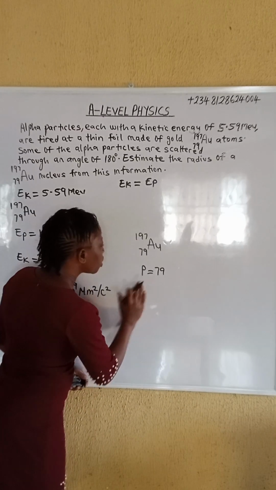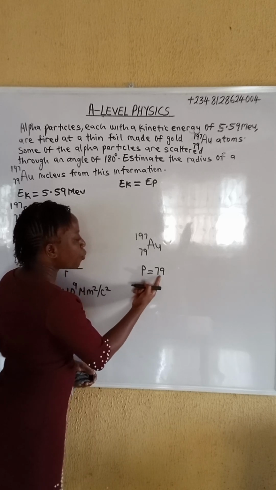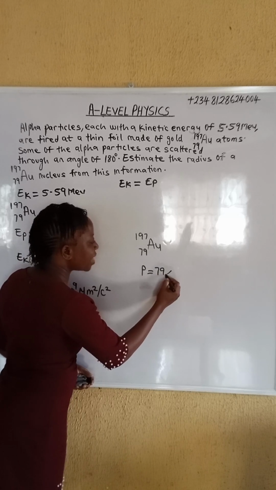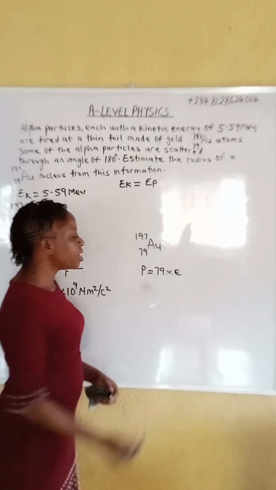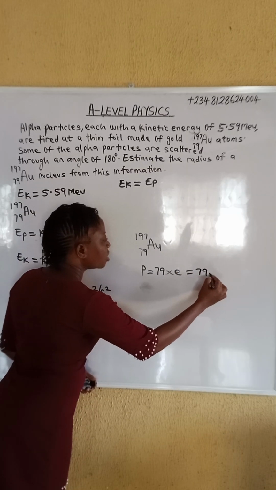So we multiply the protons by the elementary charge, e. 79 times e will give us 79e.